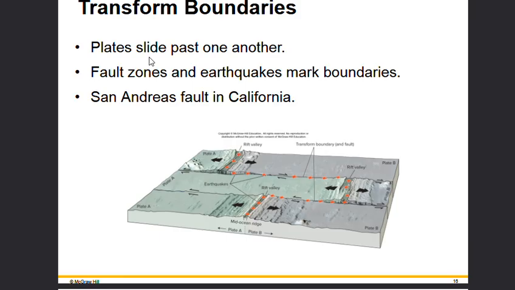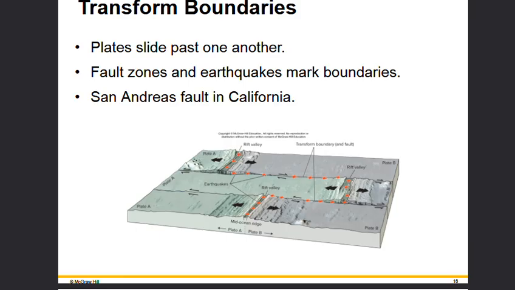These are quite important because without transform boundaries, we wouldn't have known the difference between a transform fault and a strike-slip fault. An example of this is the San Andreas Fault along the west coast of the North American continent. I'll leave that for now because we're not dealing with that.